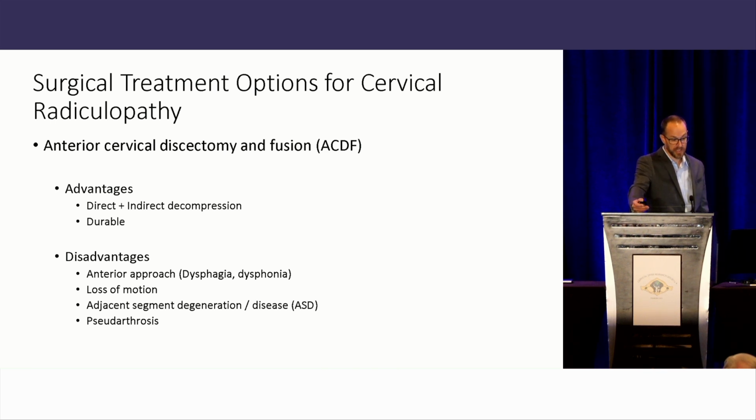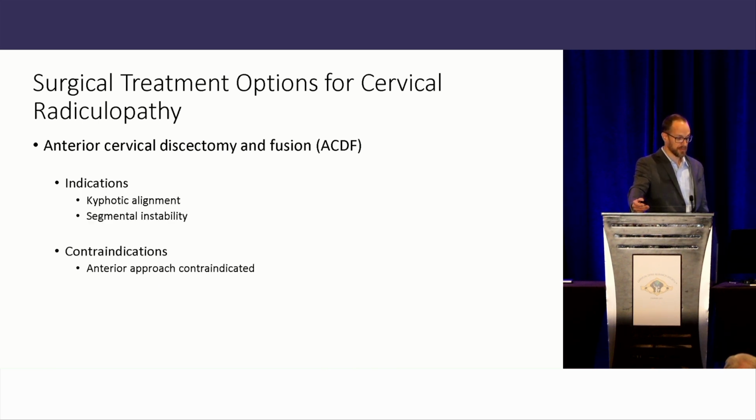Loss of motion leading to adjacent segment degeneration and disease has just been covered. And pseudoarthrosis. Actually, in the IDE trials, this turned out to be an unexpected advantage of disc replacement over anterior cervical discectomy and fusion, is that you don't have to deal with this problem of pseudoarthrosis.